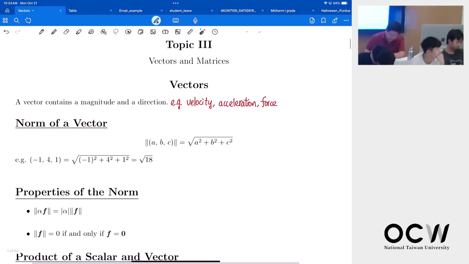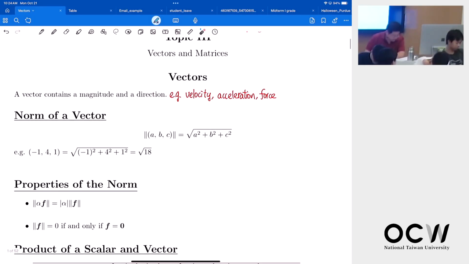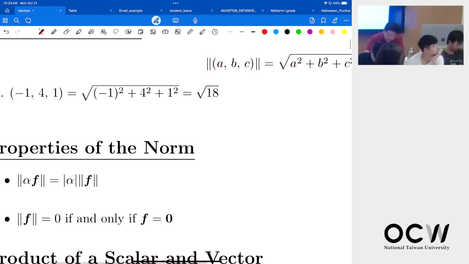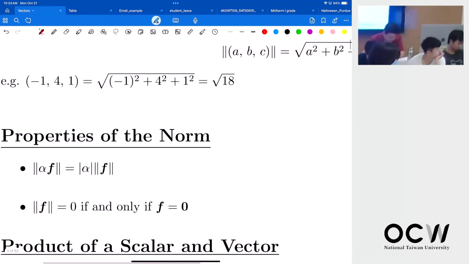And here we have some properties of the norm. If I have a scalar alpha, the scalar multiplication, I can separate the scalar and the vector, find their magnitude or norm, and then multiply them together. This is scalar multiplication.